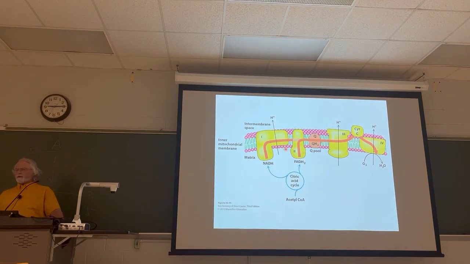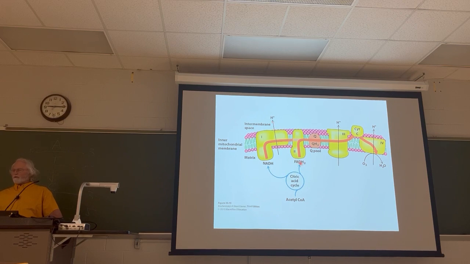Okay, so here's the pathway. We're generating NADH and FADH2 from the citric acid cycle. The electrons from NADH are transferred to complex 1 and then to ubiquinone. That electron transfer causes pumping of protons through complex 1 out into the space between the two membranes.